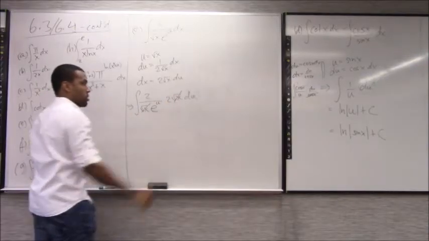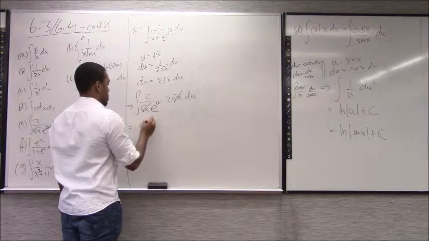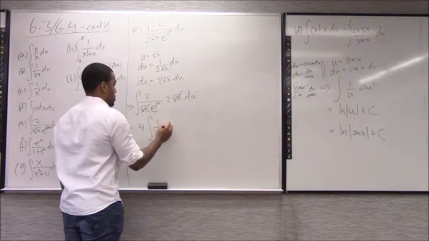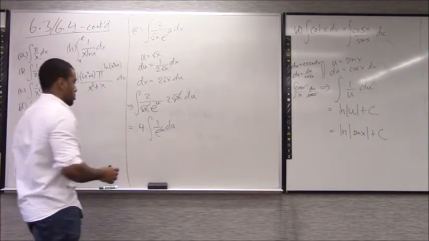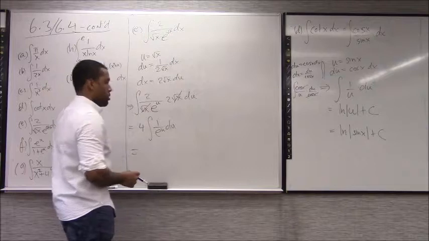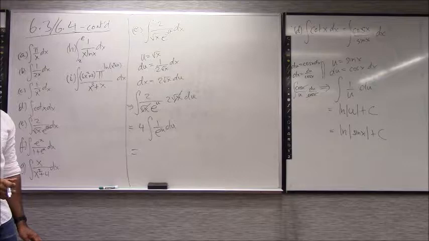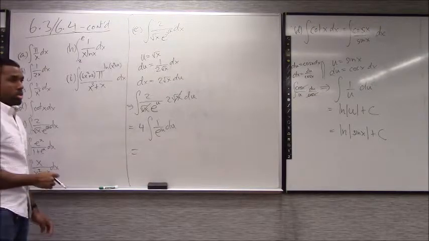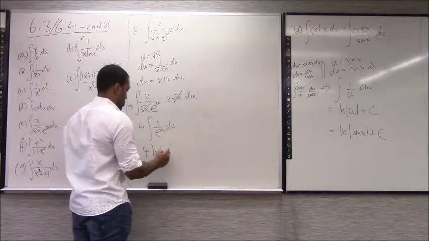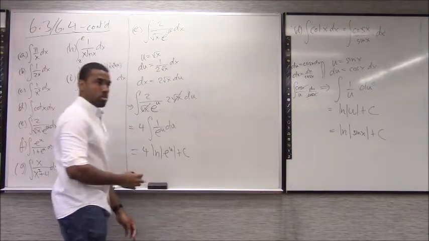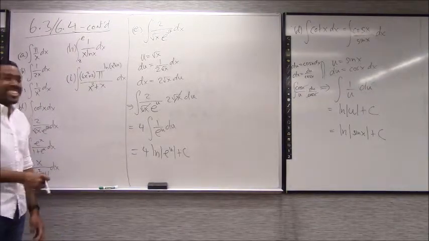Now the radical x is cancelled. 2 times 2 is 4. So you have that. And what's that? ln of e to the u? It's 1 over e to the u. No one objects?